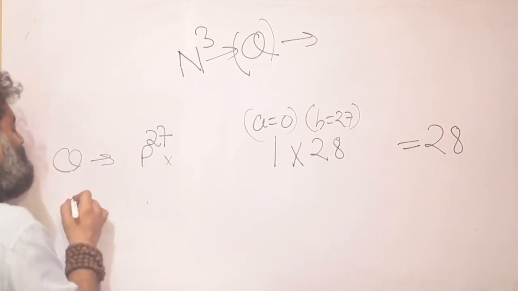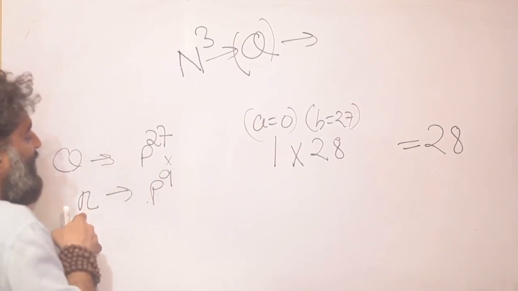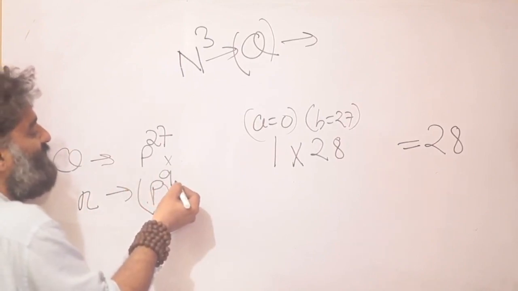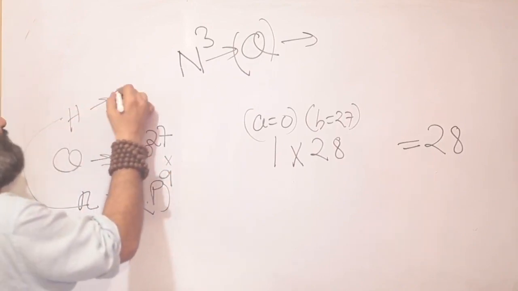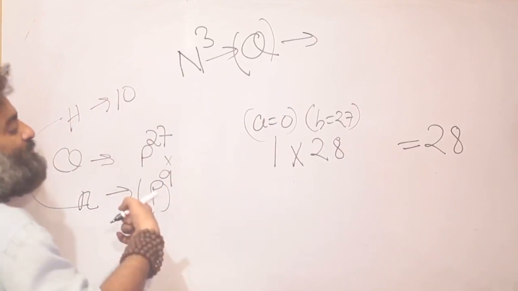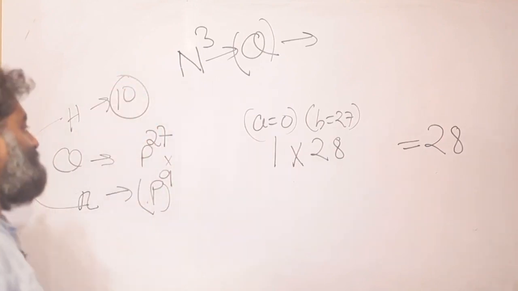What will I get? N is equal to p raised to 9. If n is some prime raised to the power of 9, the number of factors for n in this case would be straight away 10, because 9 plus 1, 10. The factors would be from p raised to 0 up to p raised to 9, making 10 factors.